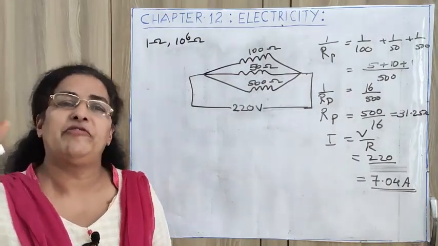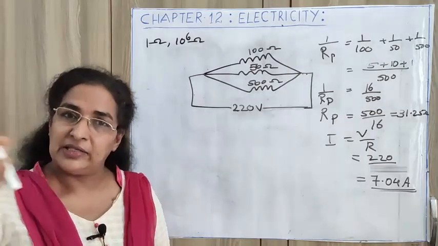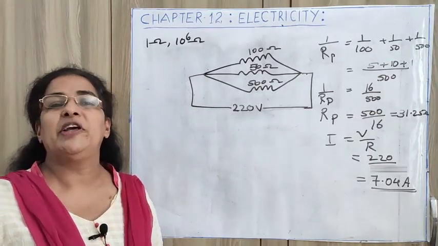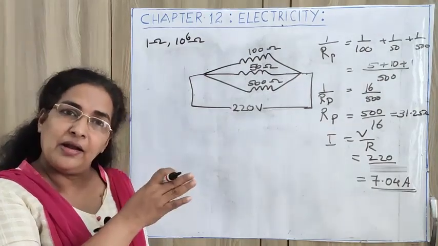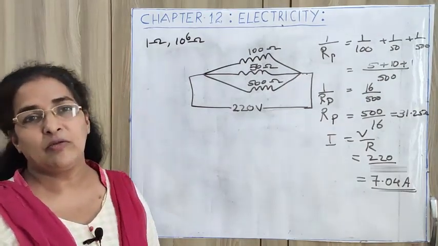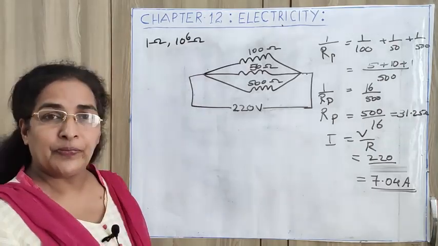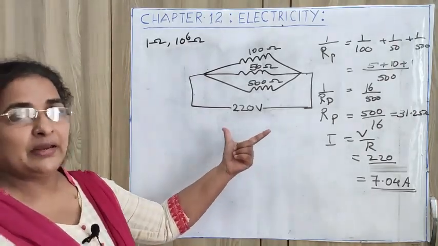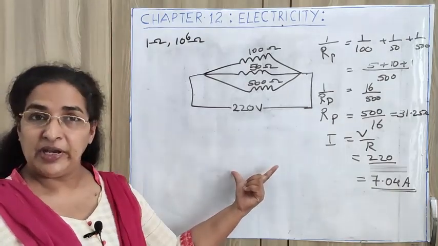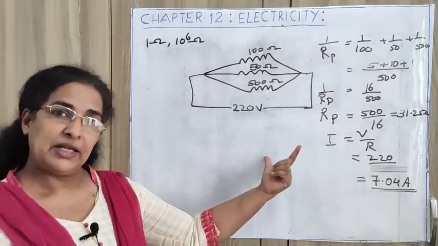If all three I am connecting in series, the effective resistance will definitely be more than 6. And if they are connected in parallel, then it will definitely be less than 2. But we need 4 ohm. So think that we have to go for the combination of parallel and series.